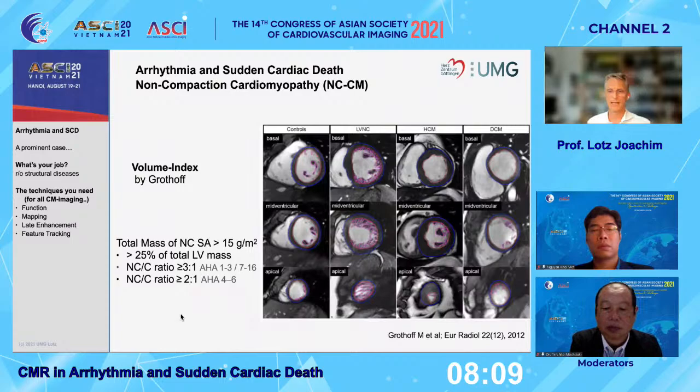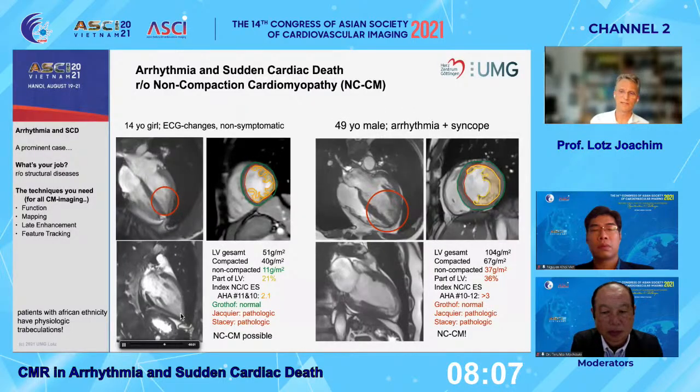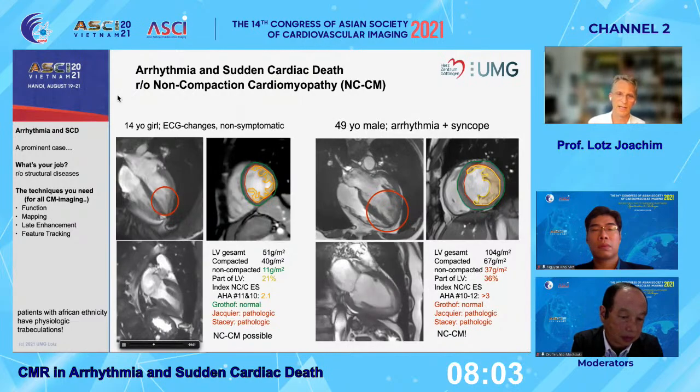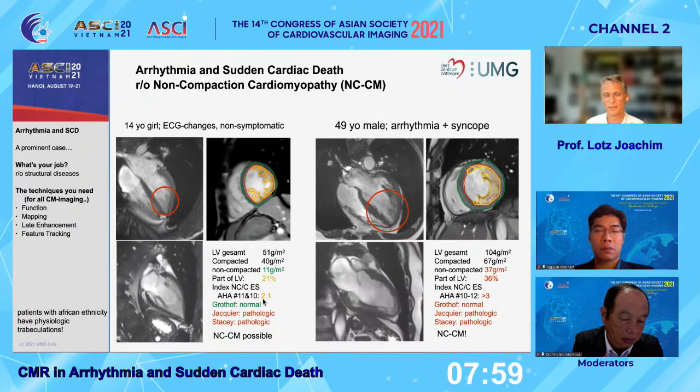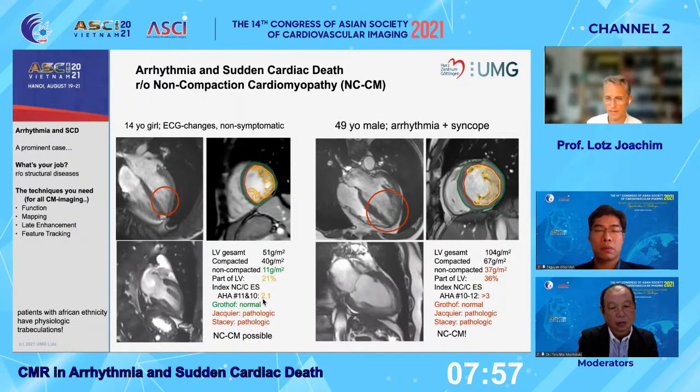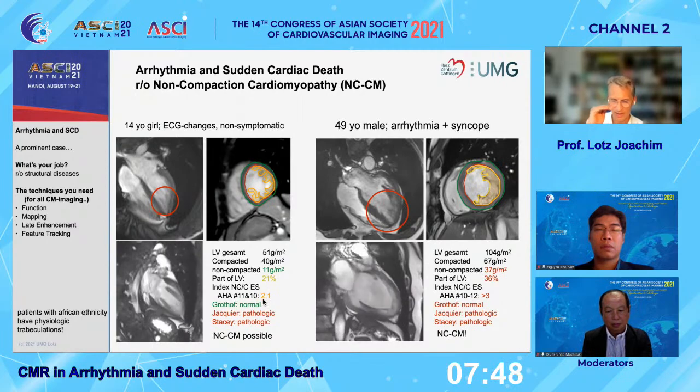So again, applying these criteria to our patients, we see that on the left side, the young girl has a borderline result, because the non-compaction has not yet established, or not yet hypertrophied enough to reach the cutoff of the Grothoff criteria of more than 15 grams per square meter.